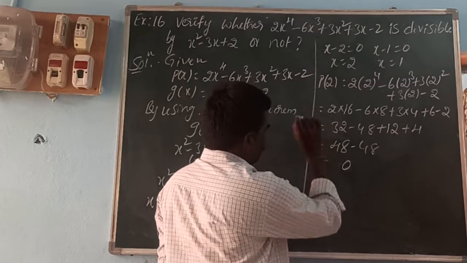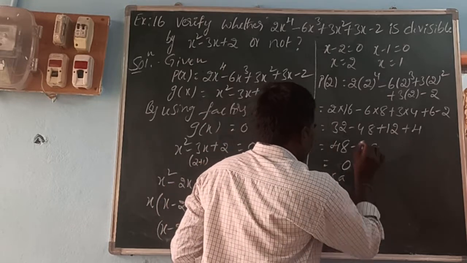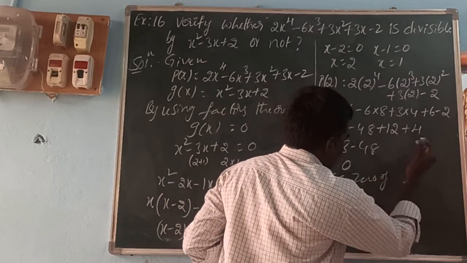So we get 0, and 2 is a zero of the polynomial.